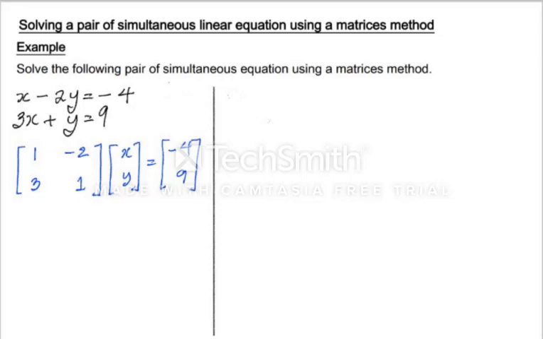Now this matrix equation is of the form AX = B. A while ago we learned that to solve AX = B, we simply write back X and multiply the right hand side by A inverse. So very important to the solution is A inverse, which is 1 over the determinant of A times adjoint A.